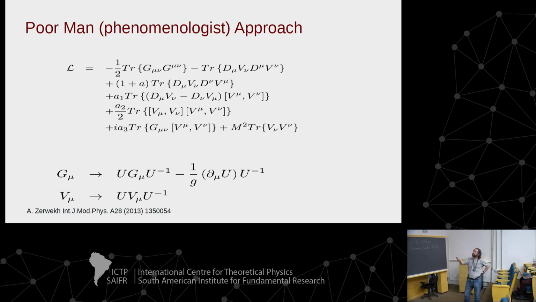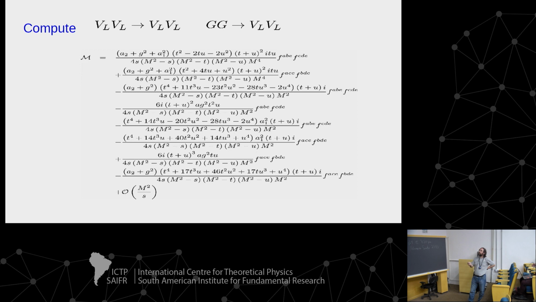I proposed the most general Lagrangian with terms up to dimension 4. This is the most general one you can construct. Then I computed the amplitude for these processes. This is an example of the first terms of the amplitude for this process.